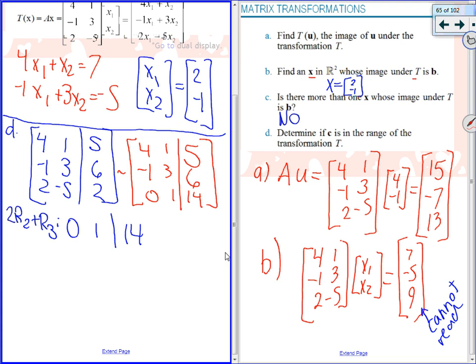And then I'll do R1 plus 4R2. Yeah, that's just not going to work. 13.